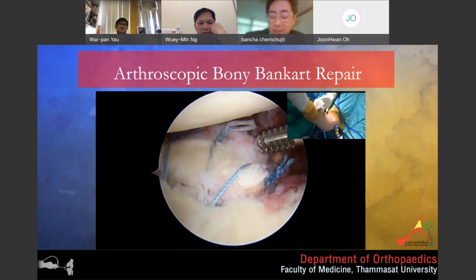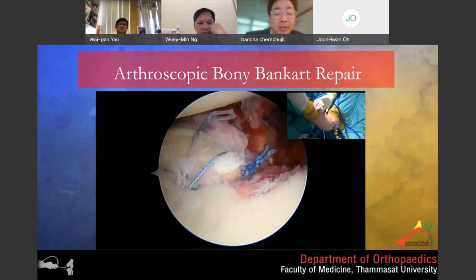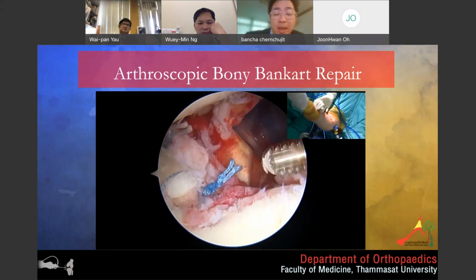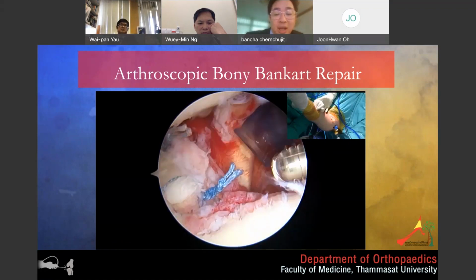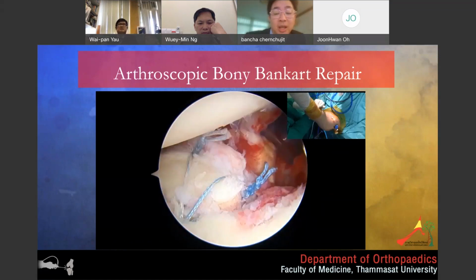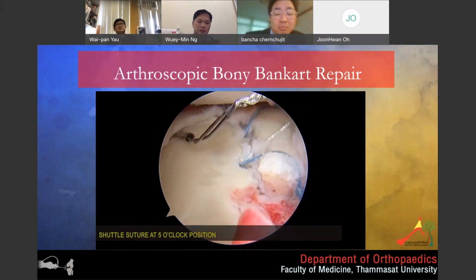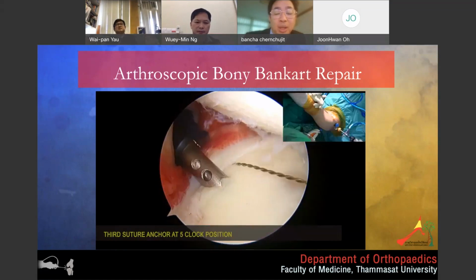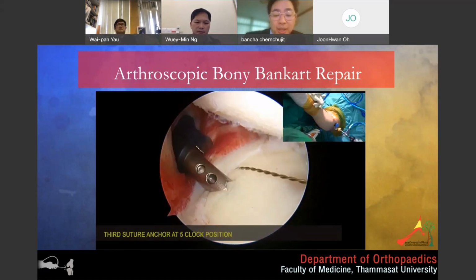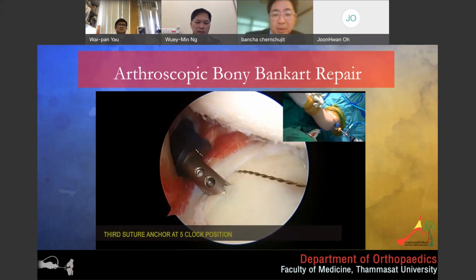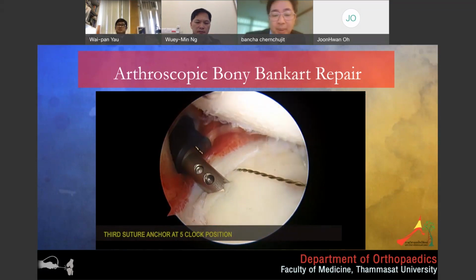So this is after the repair, and the patient is getting much better, and the healing is perfect after 3 months. He also had a labral tear in the back, so we also repaired his posterior labral lesions.